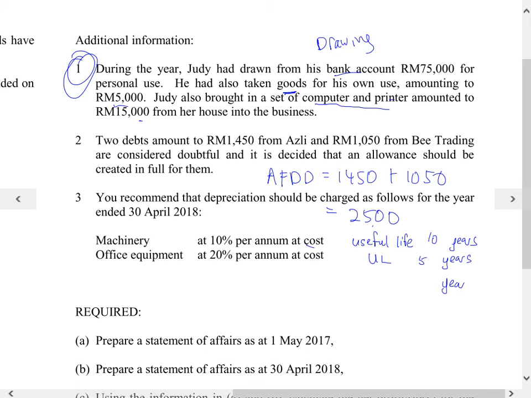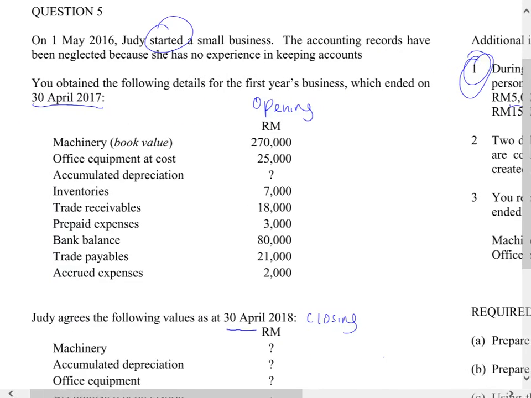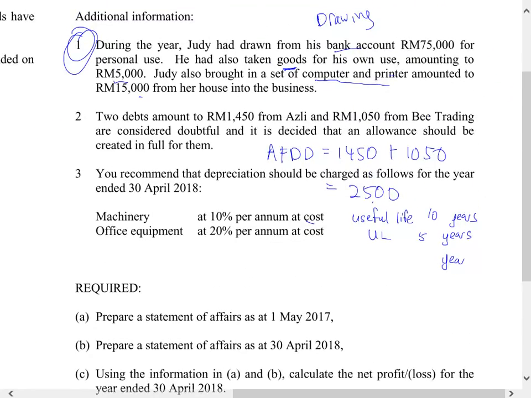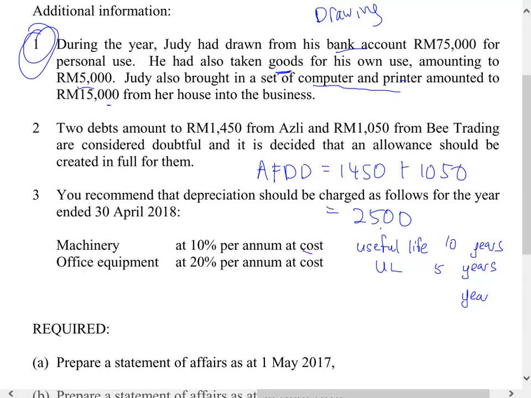What do you do with this doubtful debt? Must we create for closing? Yes. Create an allowance for doubtful debt 25.